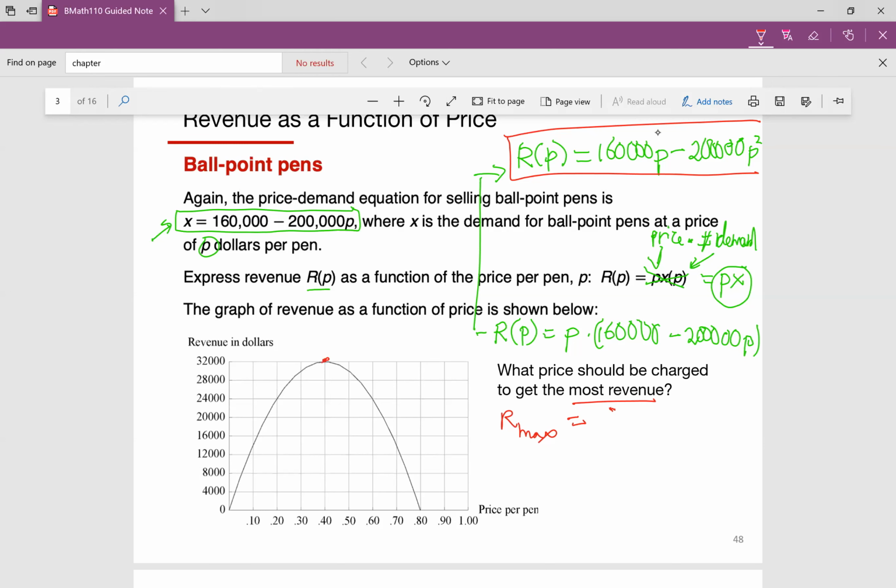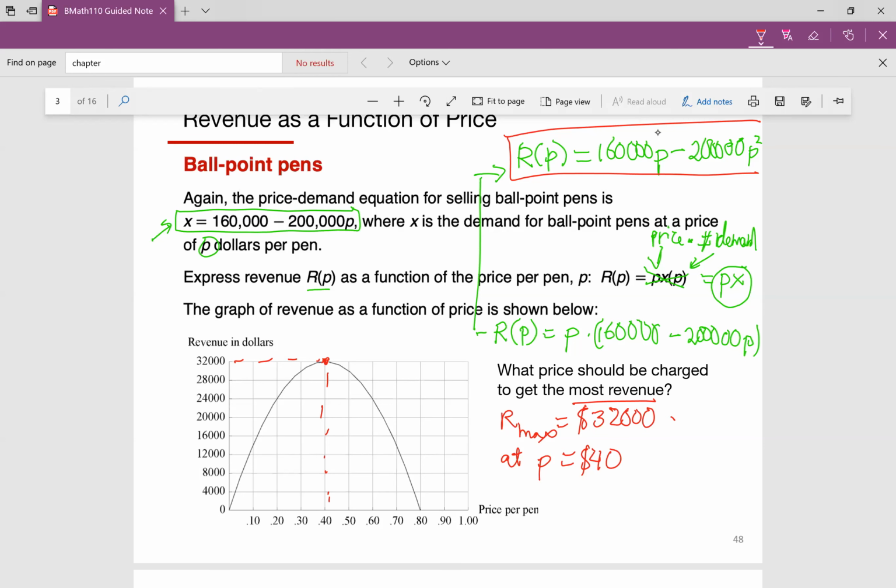I know that the maximum of revenue is $32,000, at the price per pen P equal to $40 per pen.